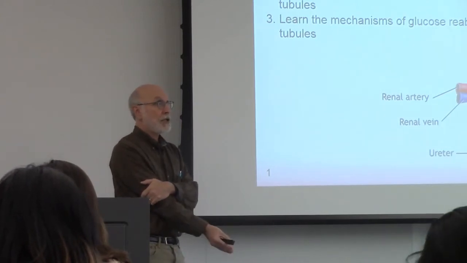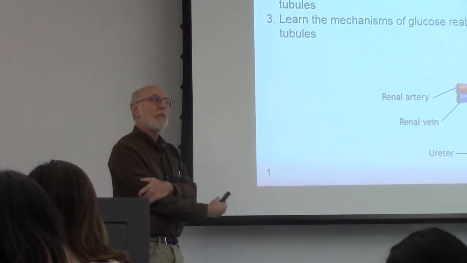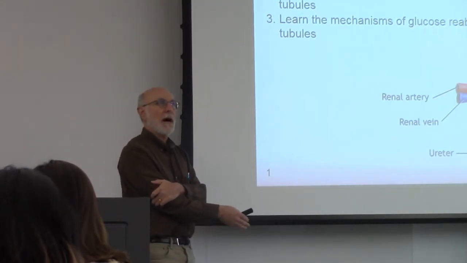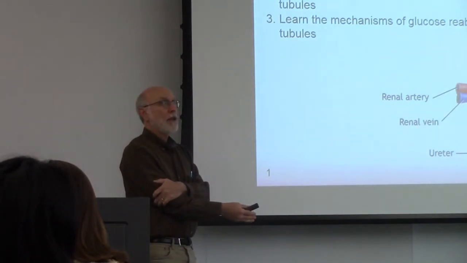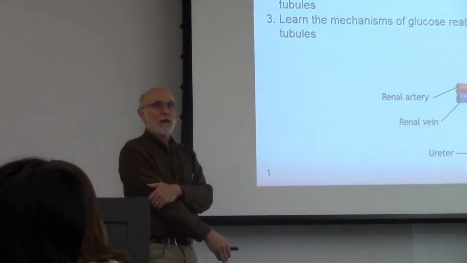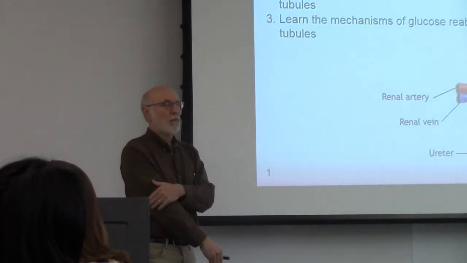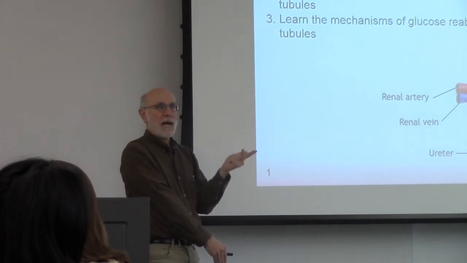Then on Thursday, we'll focus on bicarbonate and potassium, and those are probably going to be the only solutes we talk about. Even though calcium reabsorption is super important, and phosphate reabsorption is very important, the principles will have been illustrated with sodium, glucose, potassium, and bicarbonate.